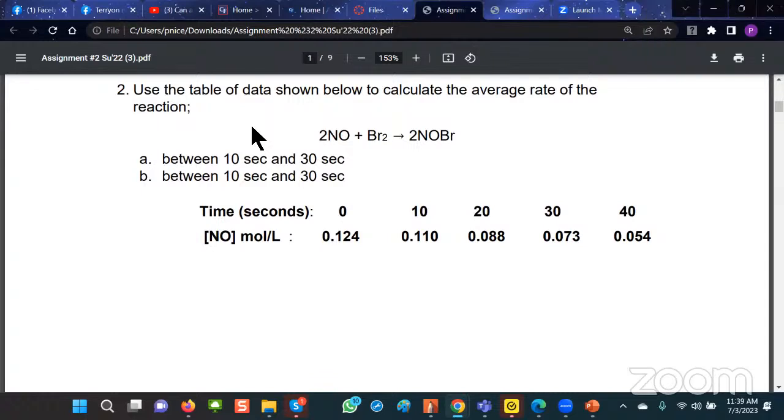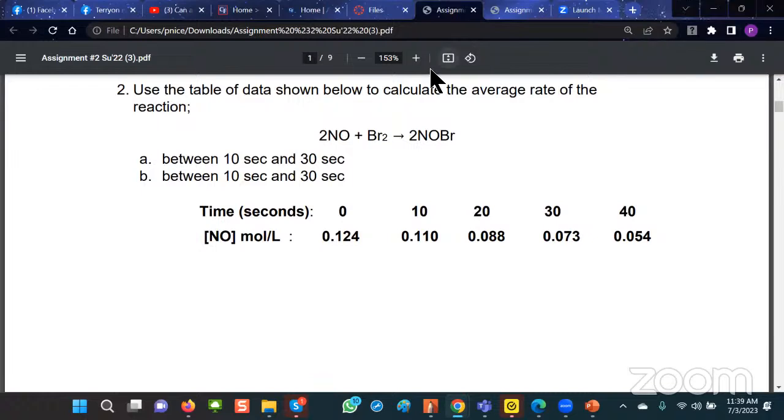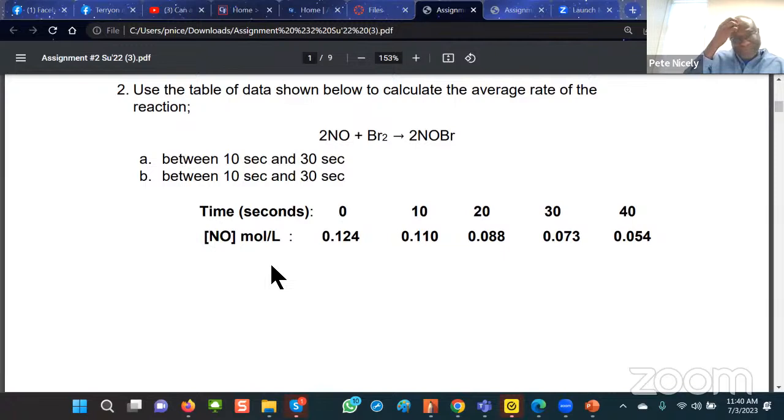We can write it out first. Would it be negative 1/2 for the first part for the concentration of NO? No. What's the formula for calculating the average rate? That's the first thing I want to ask you.